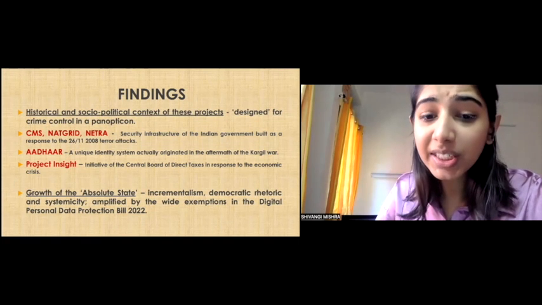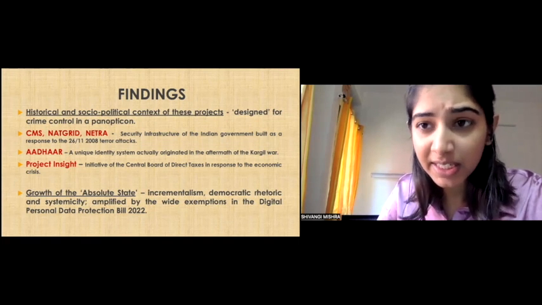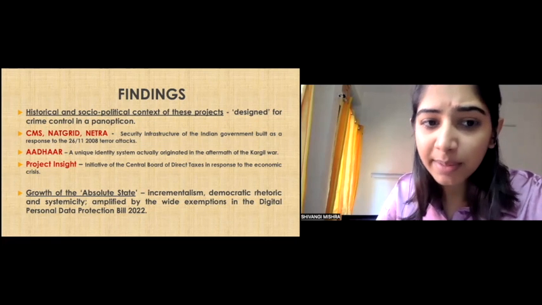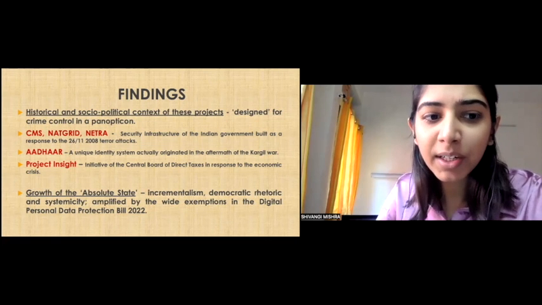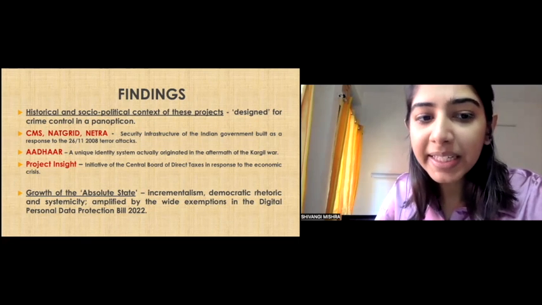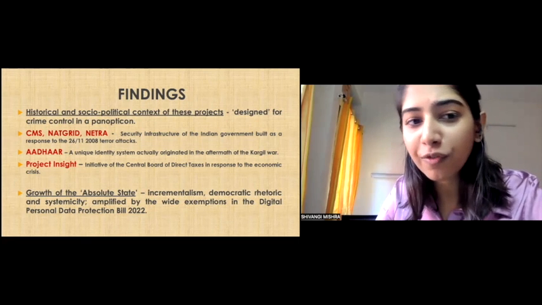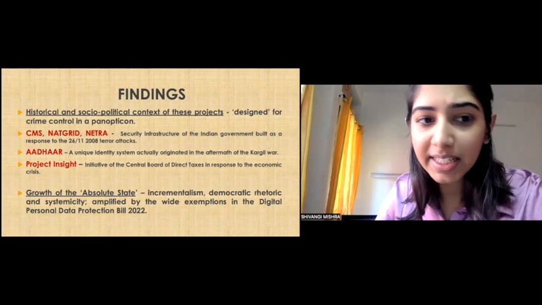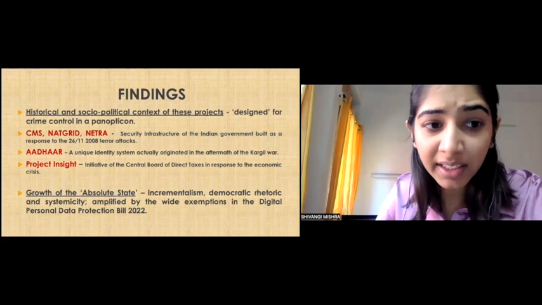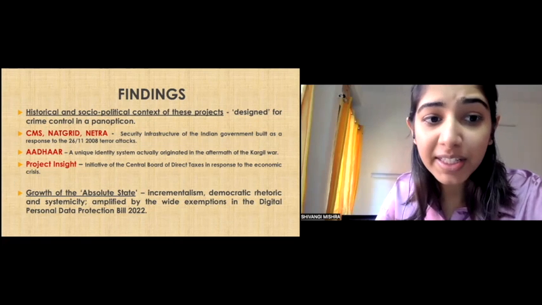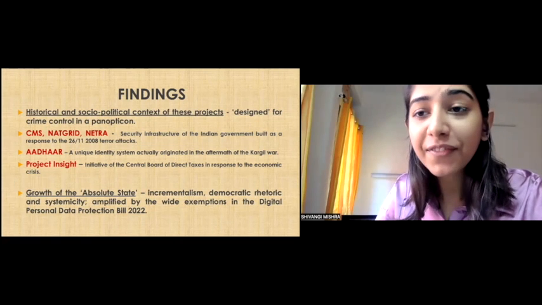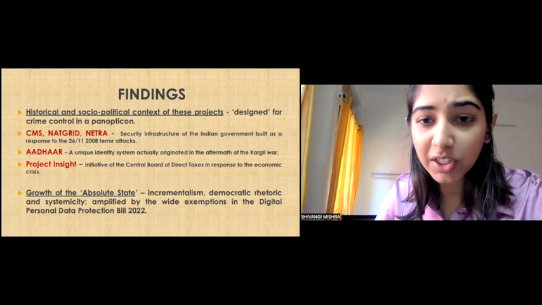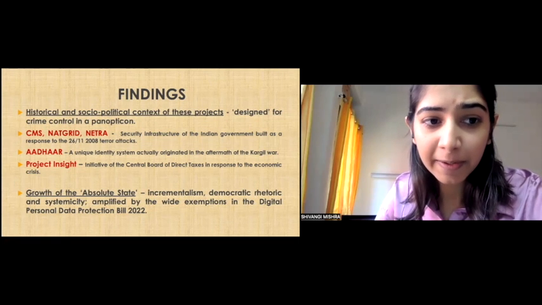The technological innovations that I've discussed bestow unlimited power upon the government in matters of surveillance on the pretext of achieving the stated goal of maintenance of law and order. In the case of NatGrid, CCTNS, and Netra, distribution of benefits in the case of Aadhaar, and fair and judicious tax administration in the case of Project Insight.